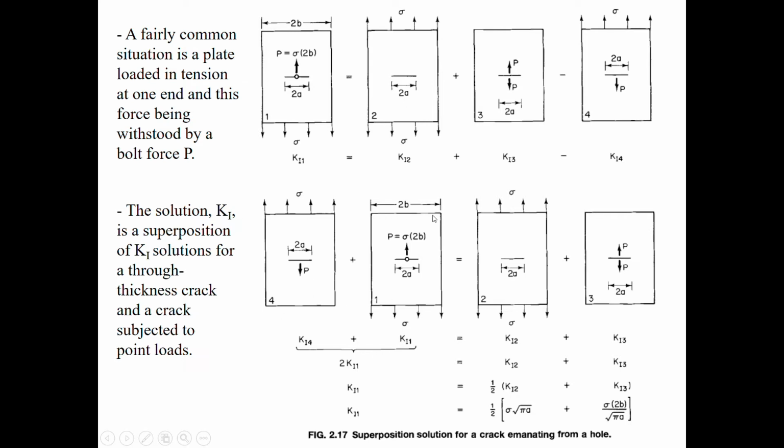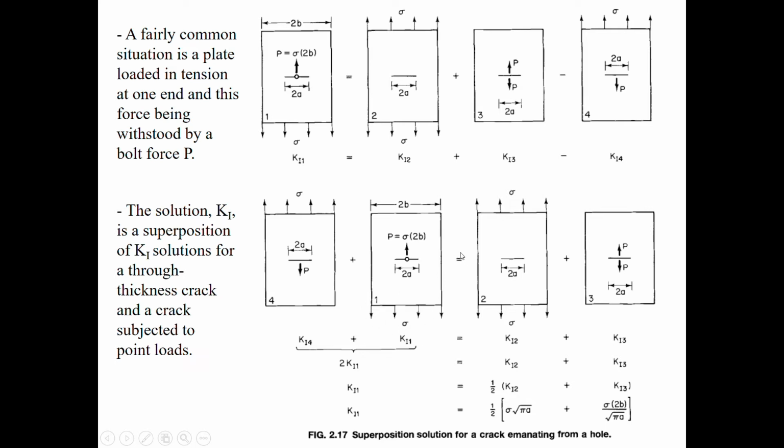While in this case, I have a hole here withstood by a load P as well, a bolt, sorry. Okay, this is the end, while I have another stress or tension in this direction.